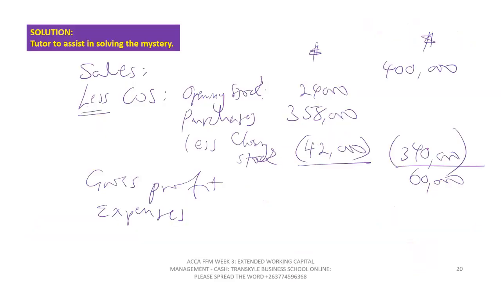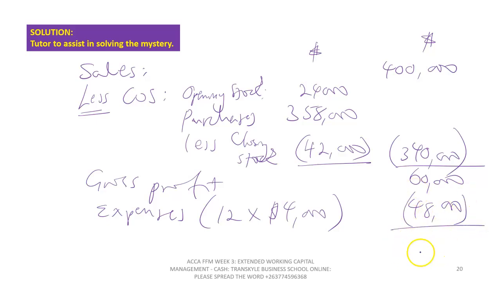We have 12 months. So that's 12 multiplied by $4,000, and we get 48,000 as our total expenses. We deduct that from 60, and we are left with 12,000 as our profit.